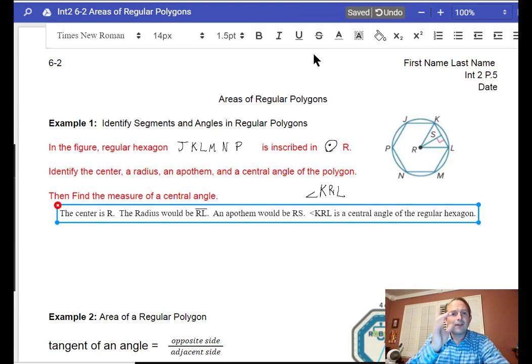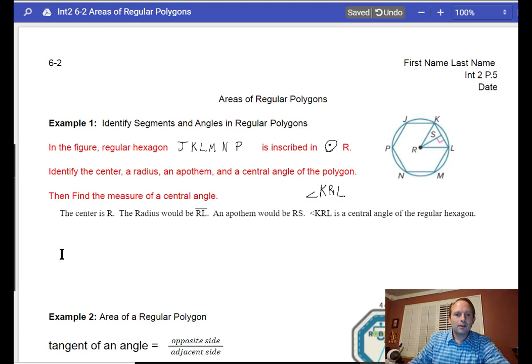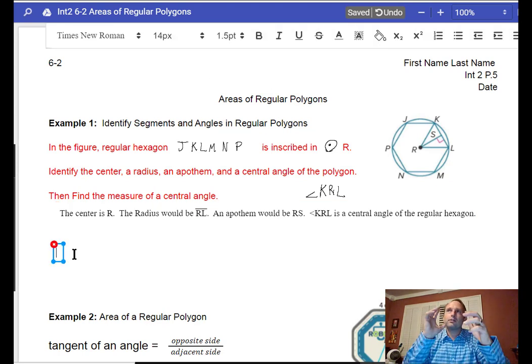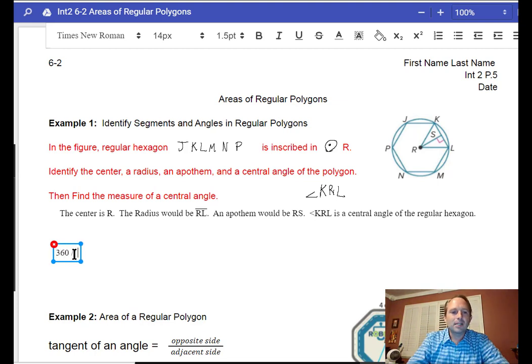All right, so now the final thing it says is find the measure of the central angle. Basically you take the circle, how many degrees are in a circle, and then divide by how many sides. So for example, if we had a square, there are 4 sides, so 360 divided by 4 would be, what does each angle of a square measure? 90 degrees. So we're going to take this 360 and divide it by 6 sides.